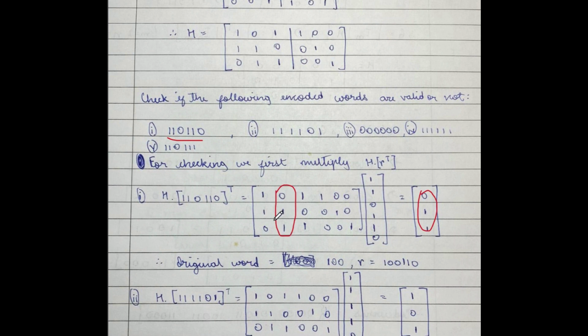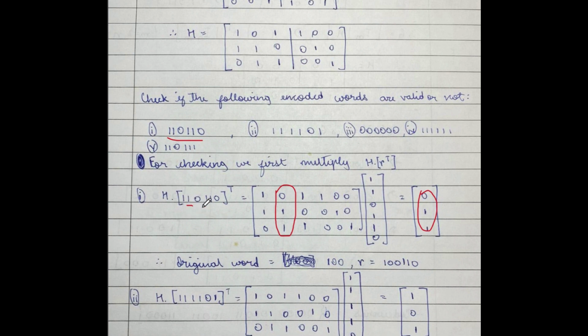The second column signifies that the bit in the second column of the encoded word is not right. We have to change that. So after we change it, if this was a 0, then we would have to change it to a 1, but it's a 1, so we change it to a 0.